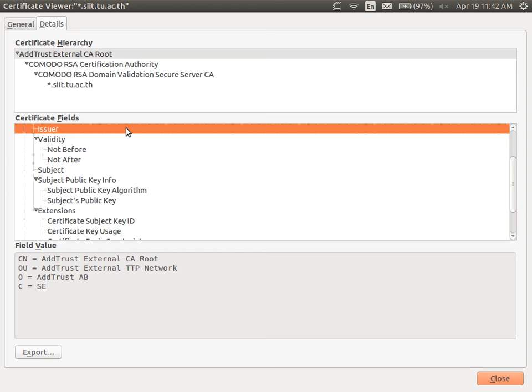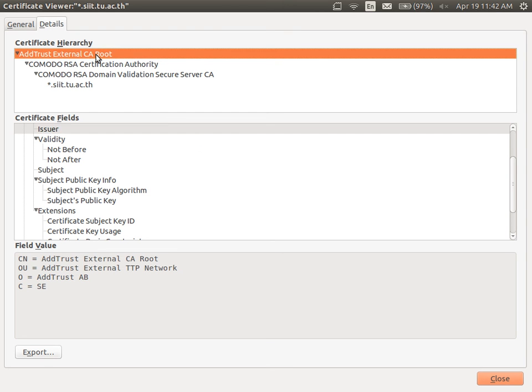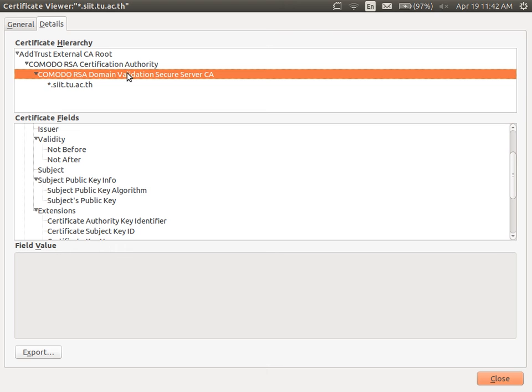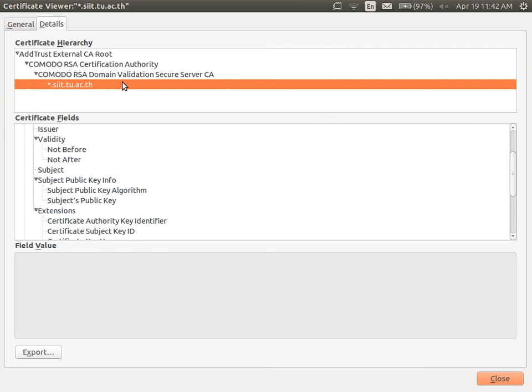And there must be one of those at the top level of the hierarchy of certificates. So we end up with, in this case, one authority issued a certificate to another authority, which issued to a third authority, which then issued the certificate to SIT.